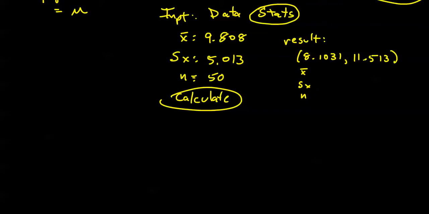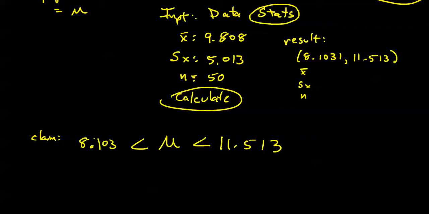Alright, so I'm going to claim that this is my 98% confidence interval estimate for mu. I've got a range of values indicated by this double-sided inequality.